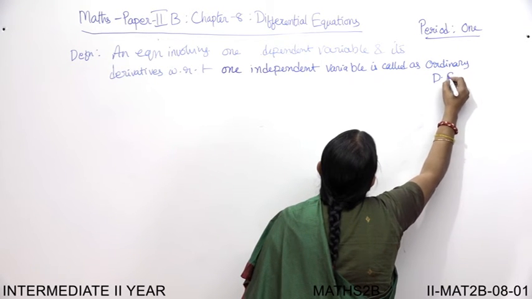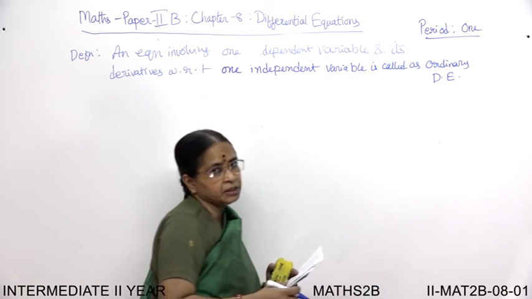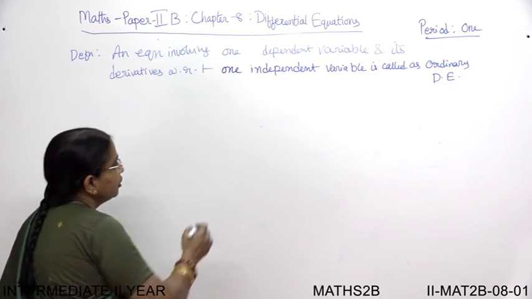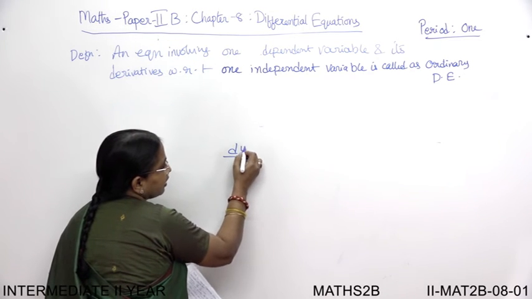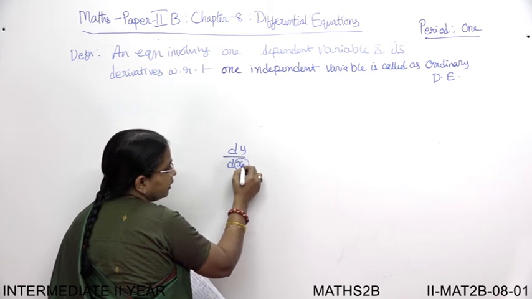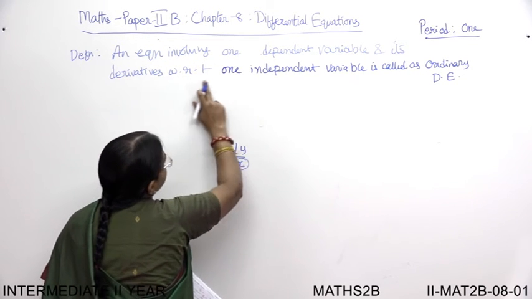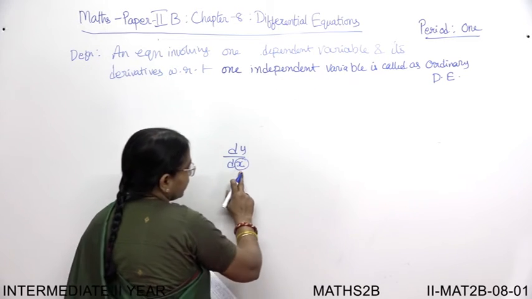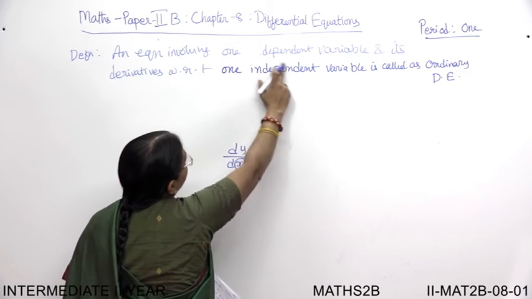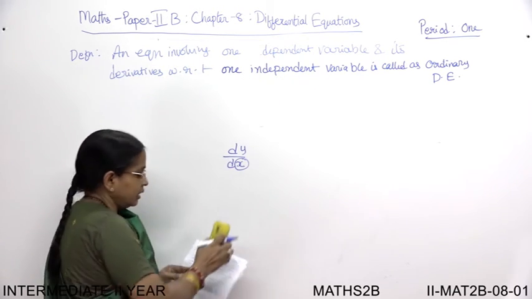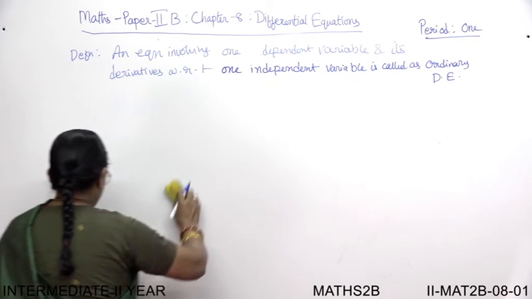I'll write it as capital D, capital E, which means differential equation. You have seen dy by dx, which means x is the independent variable, so these are derivatives with respect to one independent variable, and y is the dependent variable.